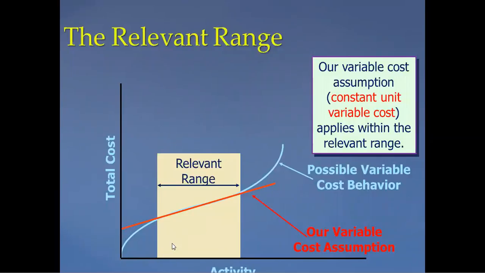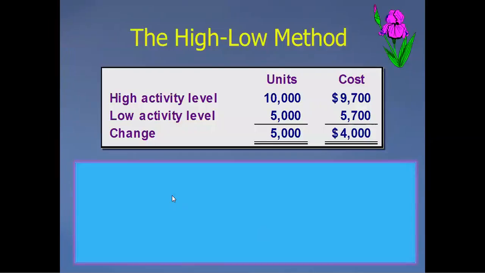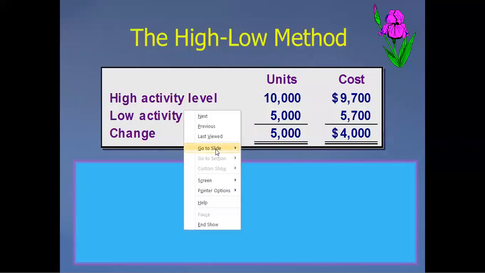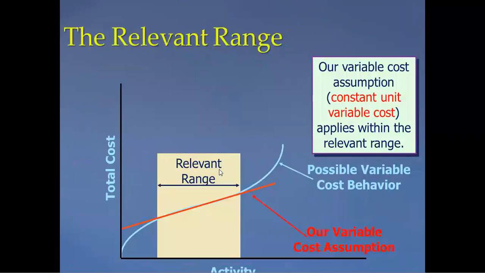So looking at this method for trying to determine, oh, sorry, let me go back to that other slide again. So once we have this red line, that is an estimate of all of our costs, our mixed costs, the fixed portion and the variable portion.